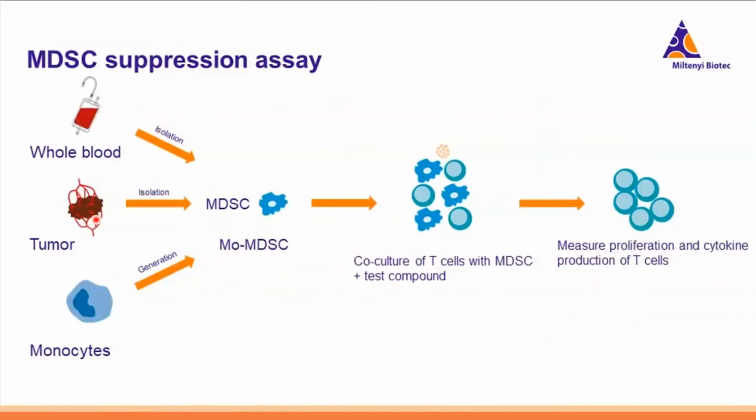Another option is to generate them from monocytes, and in this case they are called MoMDSCs. Then these MDSCs can be cultured with T cells and your test compound, and then you do the rest of the classical measurement.